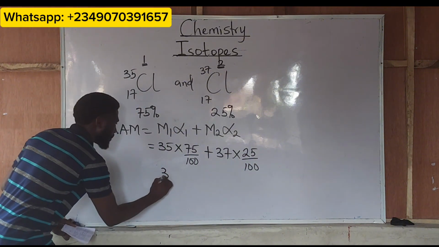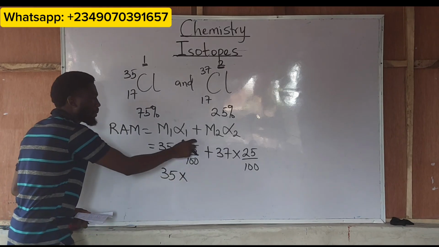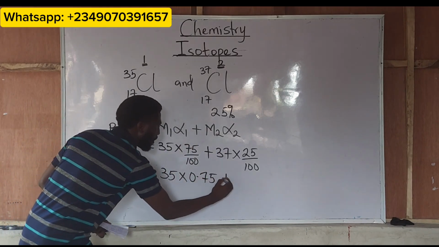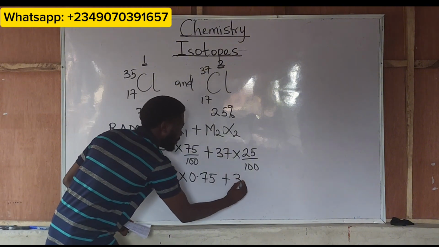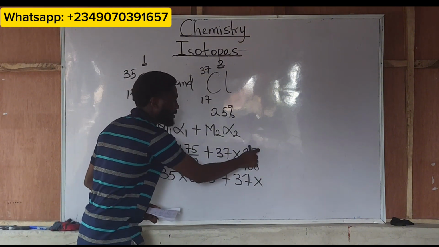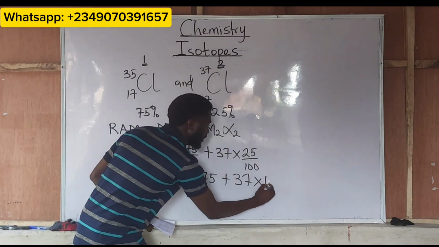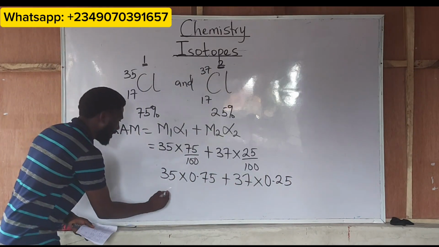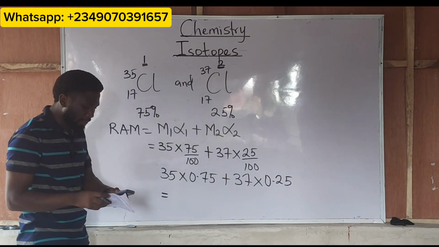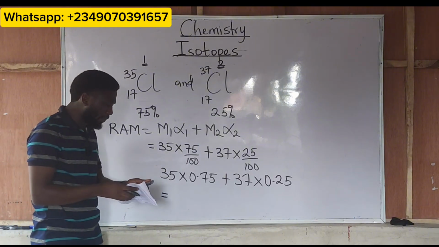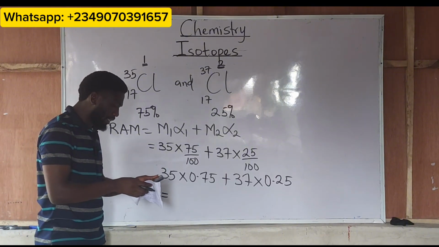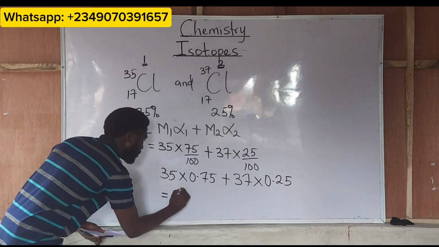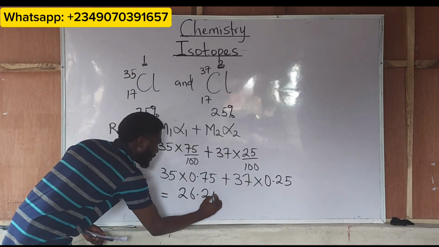So this will give us 35 multiplied by 75 divided by 100, which is 0.75. And what do we have here? 37 multiplied by 25 divided by 100, that will give us 0.25. So let's punch our calculator. 35 multiplied by 0.75 gives us 26.25.